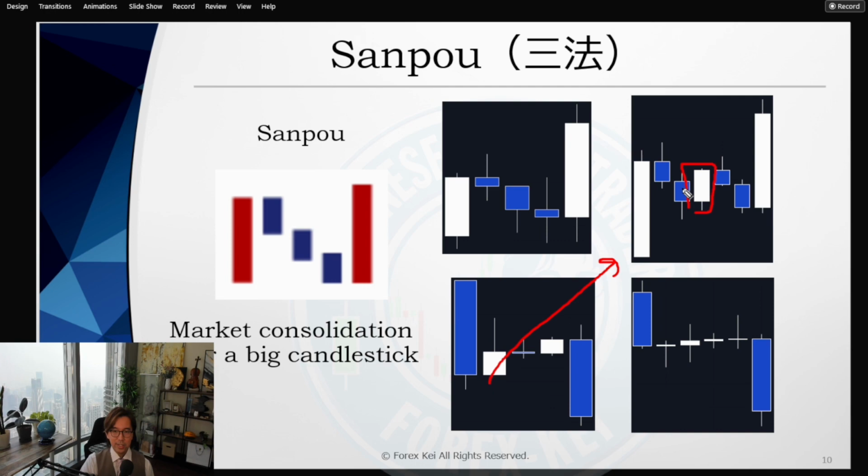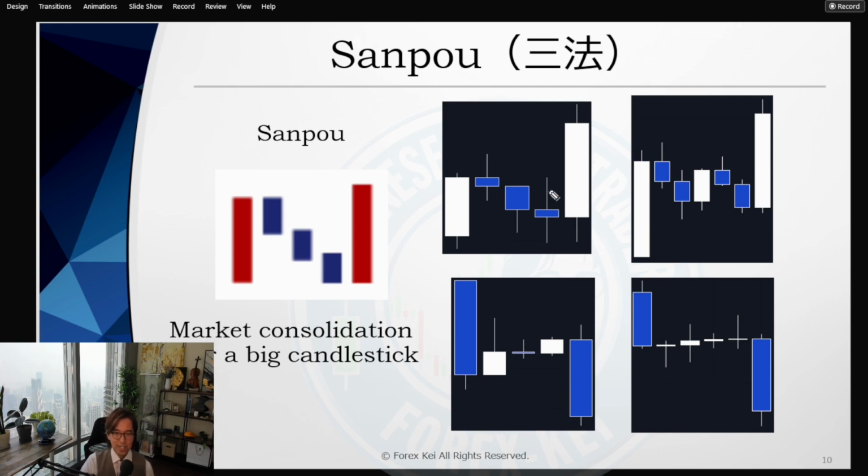Anyways, the market consolidates after the bullish bar, and then the future candlestick breaks the consolidating range market, and this is Sanpou. So here is the perfect buying opportunity. So you expect the market goes up this way. So that's a trend continuation pattern too.